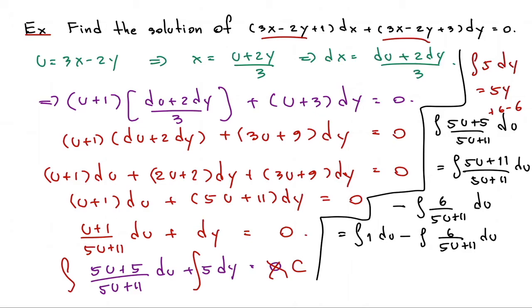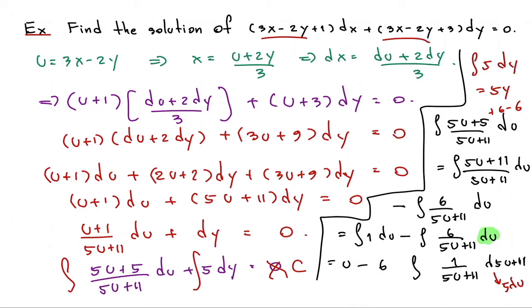Okay? That is just u, isn't it? Minus 6, I'll pull 6 out for now. And then I multiply by 5. Okay, I won't do that. I'll do this instead: d of 5u plus 11. But what is d of 5u plus 11? It's actually 5 du, right? Here we have just du.